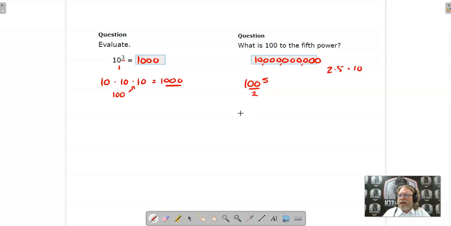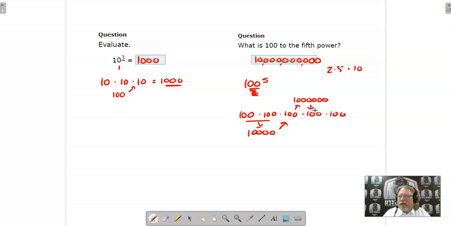So if we wrote this out, 100 times 100 times 100 times 100 times 100, is that 5 of them? So 100 times 100 is 1 and the 4 zeros. 1, 2, 3, 4. Now I multiply it times this and I get the 4 zeros and then add 2 more zeros.